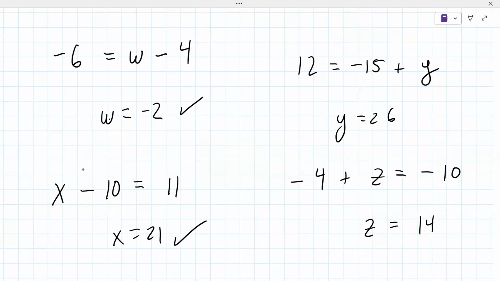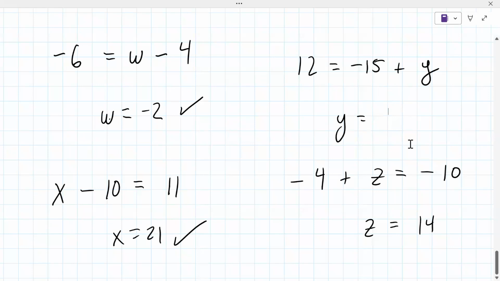The other two are not correct. So take another look at those. Okay. Oh, it's -26.